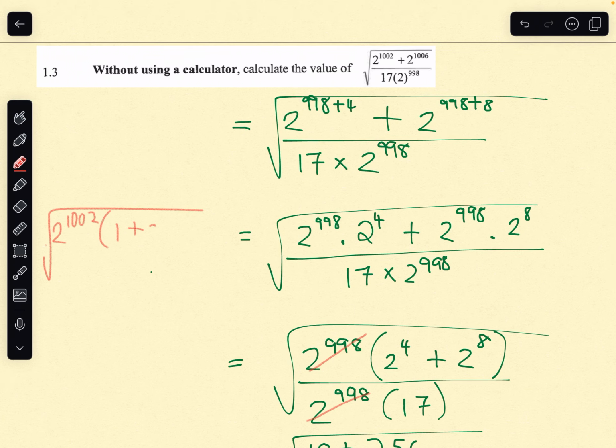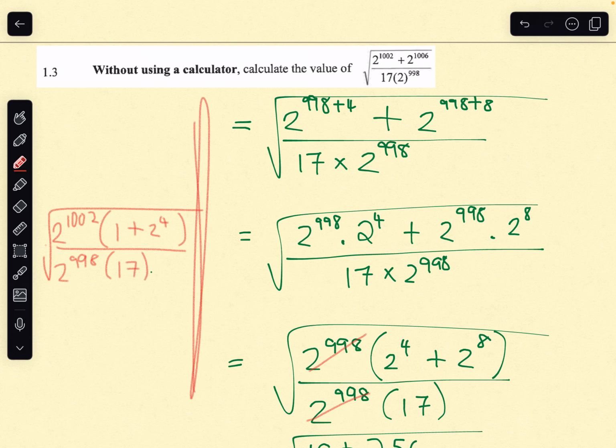And in the second term, we're left with the 2 to the 4, right? And then down here, we have the 2 to the 998 times 17. So now if you do the division over here, 1002 minus 998 is 2 to the 4. Over here, we end up with 1 plus 16, which is 17.